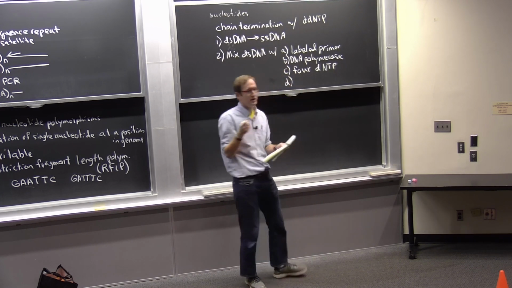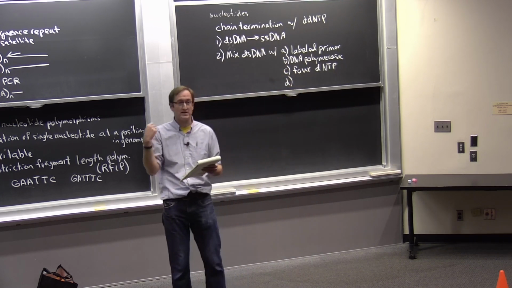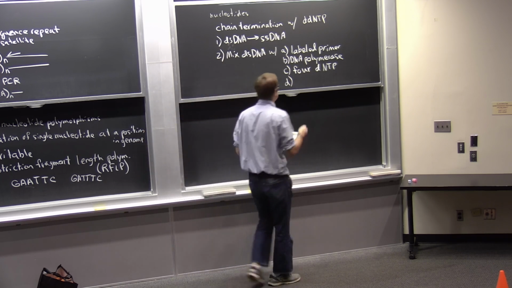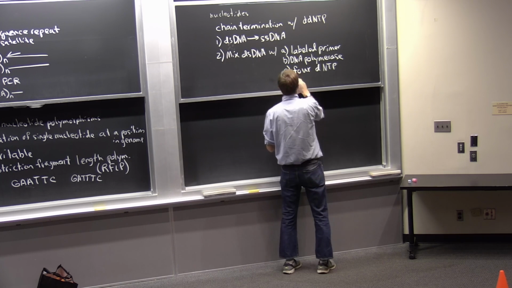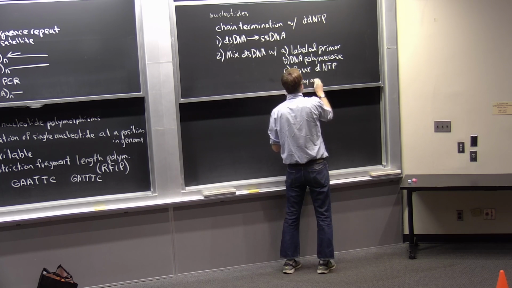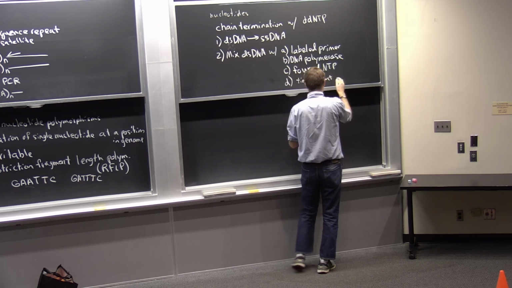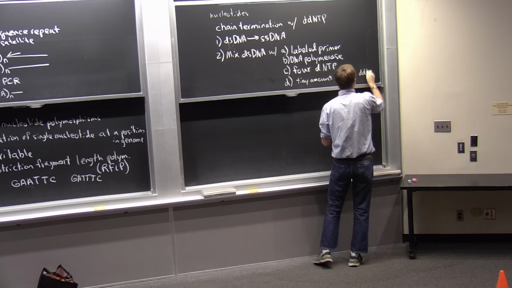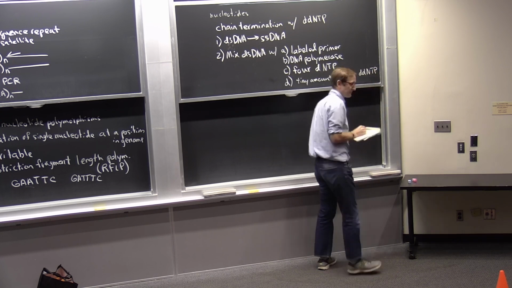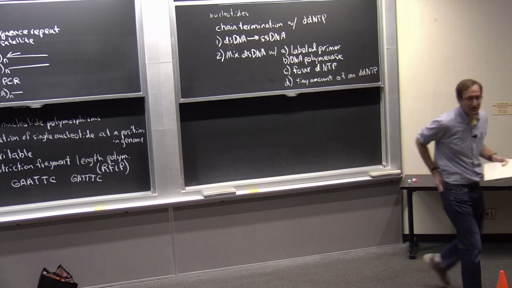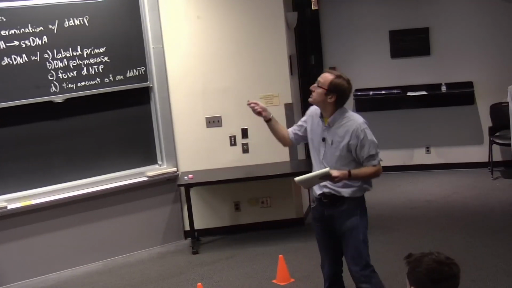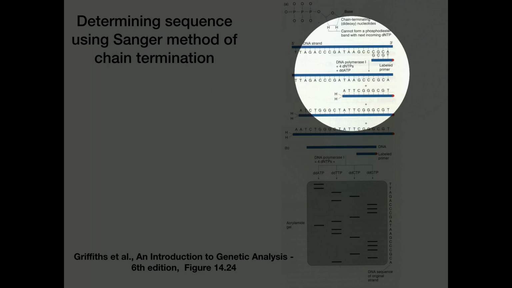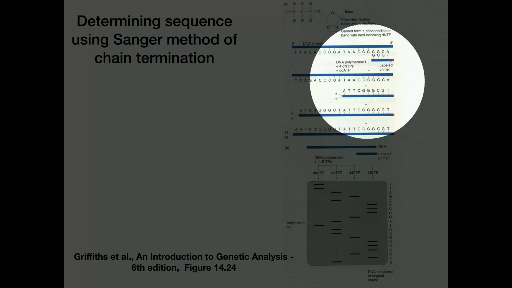But what's special here is you're going to spike several reactions with one of the dideoxy nucleoside triphosphates. So you spike the reaction with a tiny amount of one of your dideoxy nucleoside triphosphates. Okay? So let's say you have a reaction here, and this one has dideoxy adenosine triphosphate.